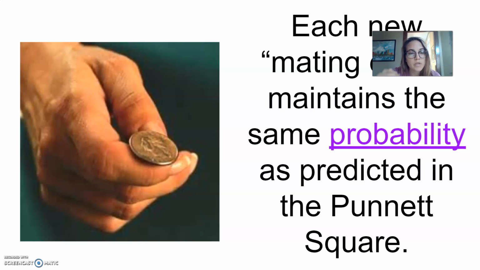So say you flip a coin, you're going to get heads 50%, tails 50%. If you flip it again, just because you just flipped heads, you still have the same 50% chance of getting heads again, okay? So the same thing works in our Punnett squares. The probability remains each new time the parents mate. So you might end up with 100% tall plants, even though there's a probability that 25% of them could be short.